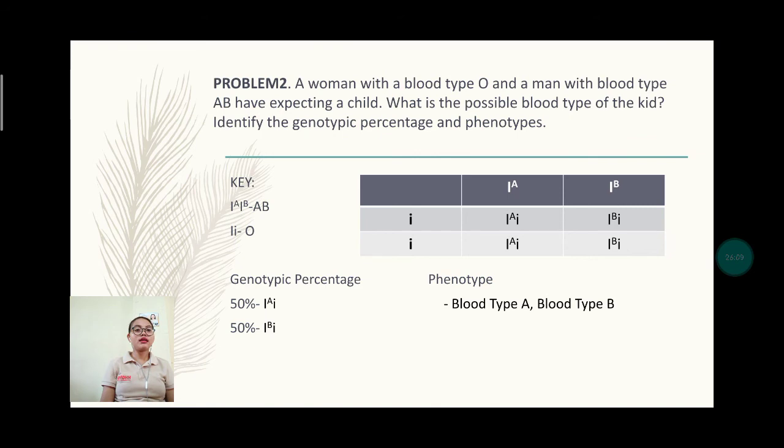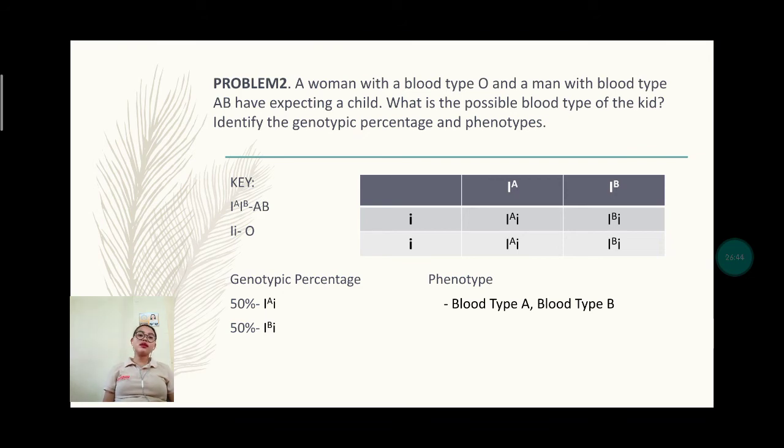small letter i times I raised to A will yield I raised to A small i. Small letter i times I^B will yield I raised to B with small letter i. Same process, I raised to A times i will yield I^A i, and I^B times small letter i will yield I^B i.